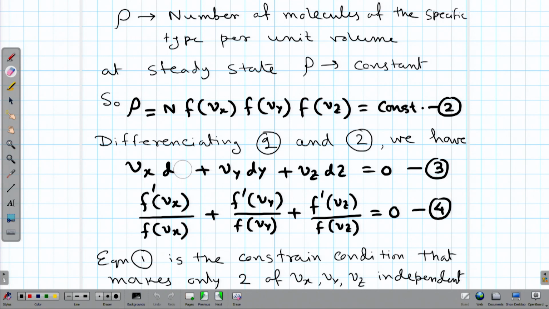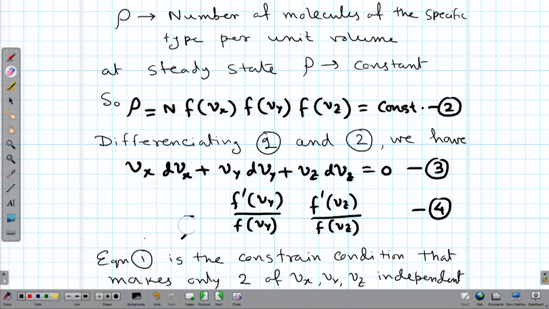First of all, this is not dx, dy, dz, but these are Vx, Vy, Vz, and in here there should be dVx, dVy, dVz. I will have to remove this relation altogether.